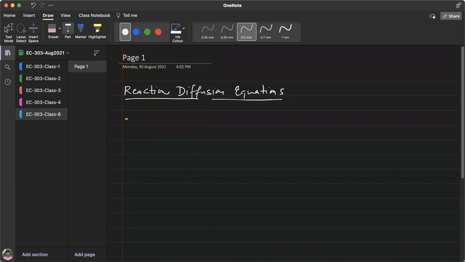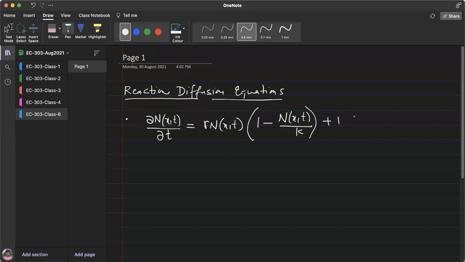So we have specifically looked at this model, right? Logistic model in the reaction term. And then we have a diffusion term.